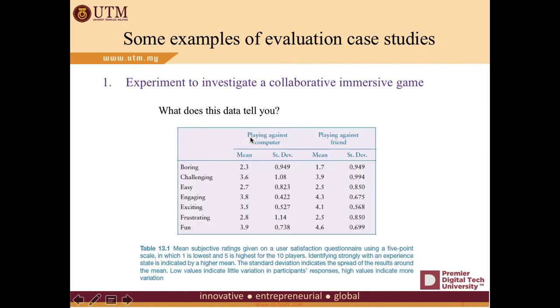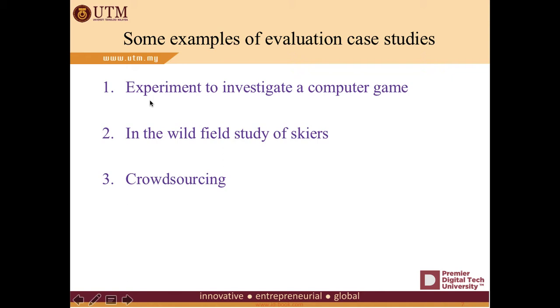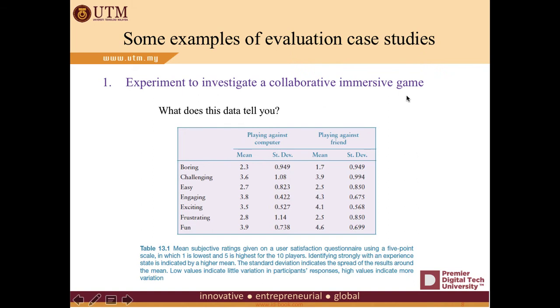Okay, right. This is the first case study. The first case study is an experiment to investigate computer games. This case study was designed based on two different groups. Number one, you allow users to play against computers.